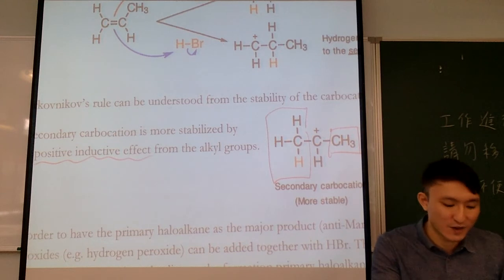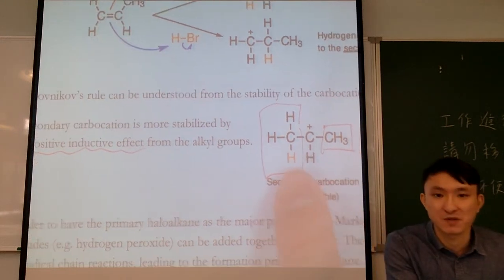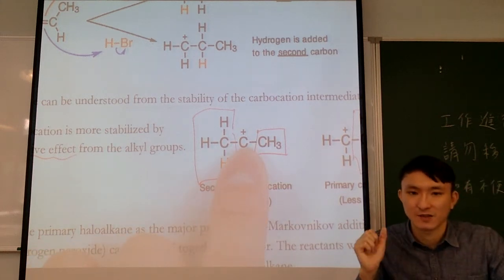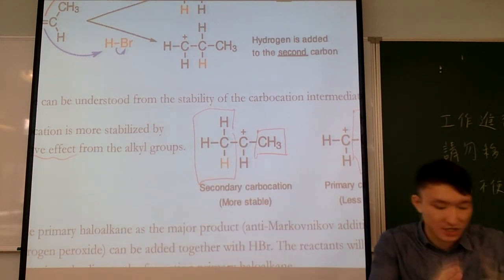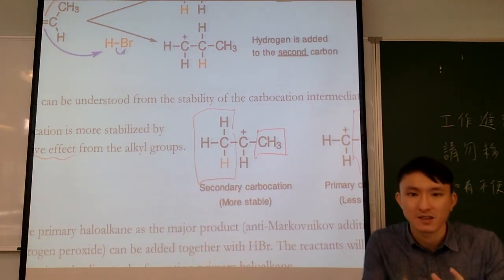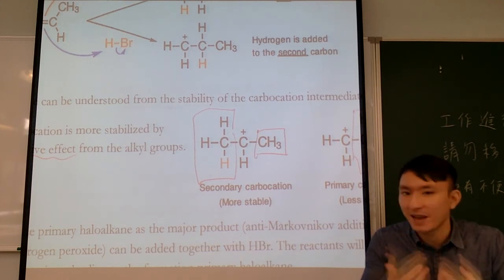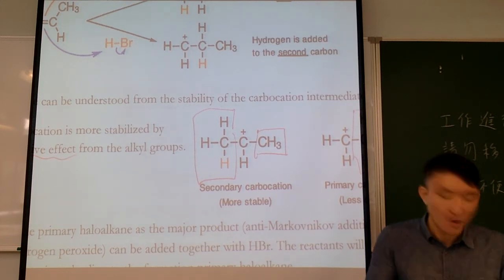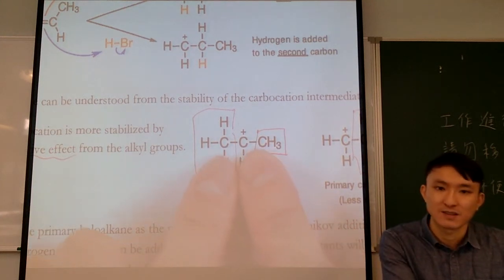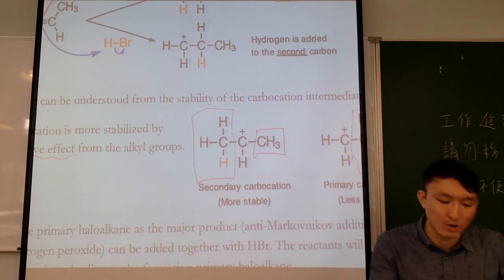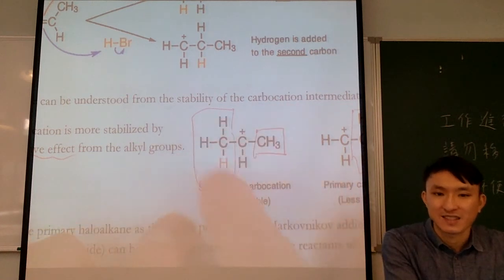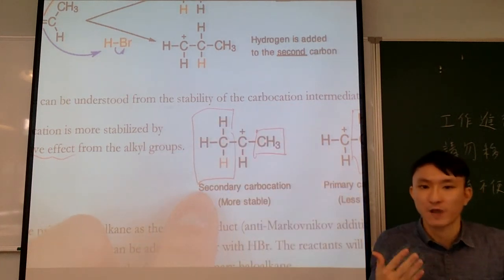The positive inductive effect basically means the alkyl groups are able to push electrons towards the carbon positive center. And when the electrons are pushed to the carbon positive center, it helps to minimize the positive charge, and therefore stabilizes the carbocation. Therefore, with more alkyl groups pushing the electron towards the carbon positive center, the carbocation is more stable, and therefore forming the secondary carbocation is more favorable.